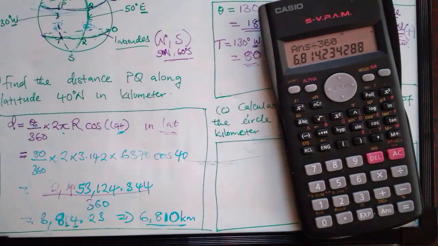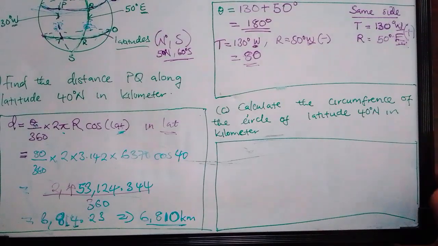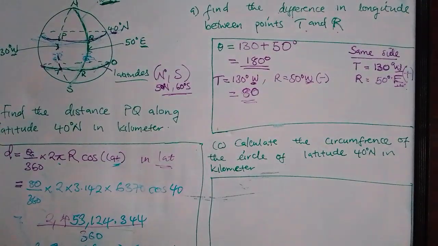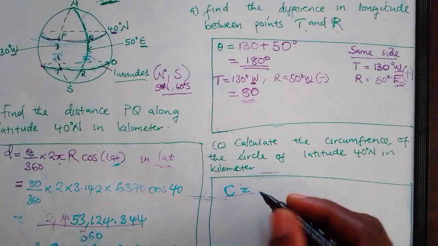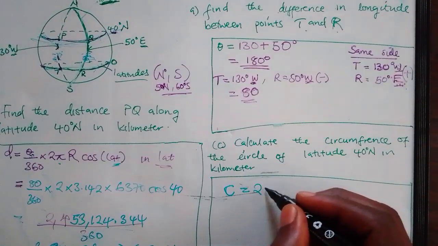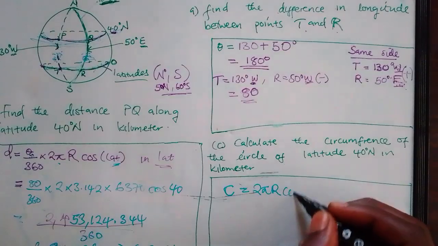Yeah. So the next question and the final question is saying calculate the circumference of the circle of latitude 40 degrees in kilometer. So how do we calculate the circumference? So remember, I told you this is a circle. So the way we are going to calculate our circumference is basically by using the formula for circumference, which is circumference is equal to 2 pi r cos what?